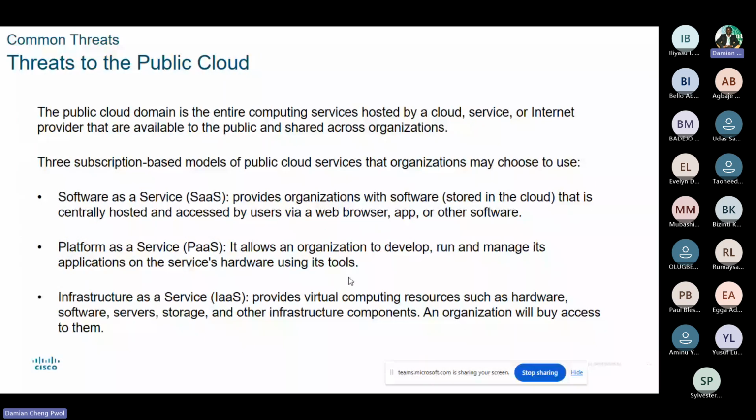The public cloud domain is the entire computing services hosted by a cloud service or internet provider that are available to the public and shared across organizations. There are 3 subscription-based models of public cloud services that organizations may choose to use. We have software as a service.